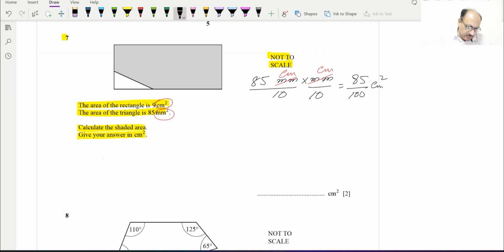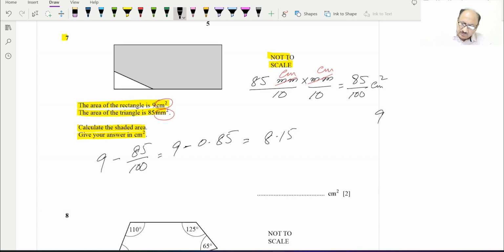So 9 is the area of the rectangle minus 85 over 100. 85 over 100 will be 0.85, so 9 minus 0.85 will be equal to 8.15.